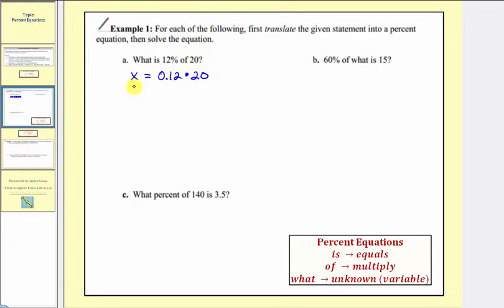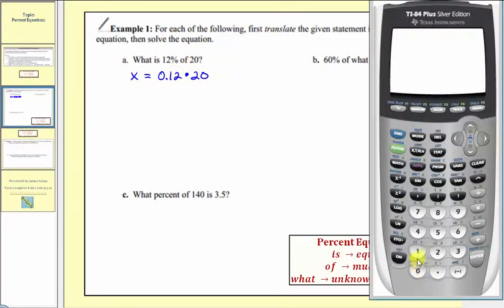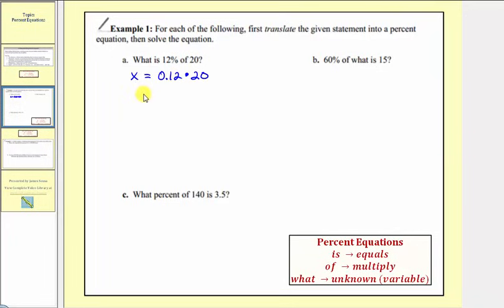Notice how to solve this equation for x, we just need to find this product. 0.12 times 20 is equal to 2.4. So here we have x equals 2.4, which means 2.4 is 12% of 20.